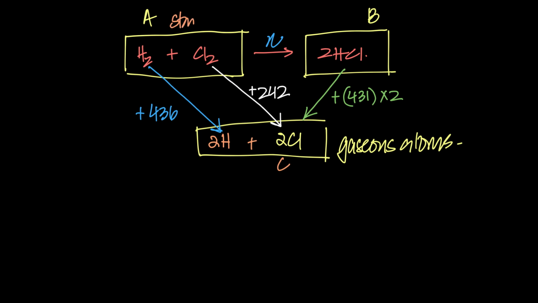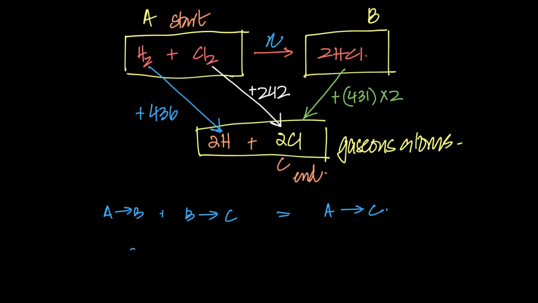You realize that box A is your start. So I can go from A to B and then from B to C. That change in multiple steps is equal to the direct change from A to C.